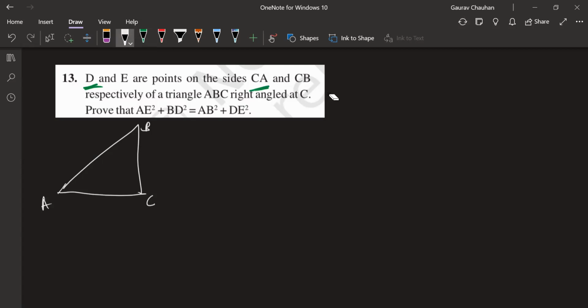D is on AC anywhere, because they're not given where it is. E is on CB anywhere, your choice. Prove that AE square plus BD square is equal to AB square plus DE square.